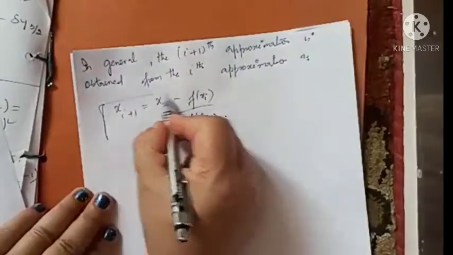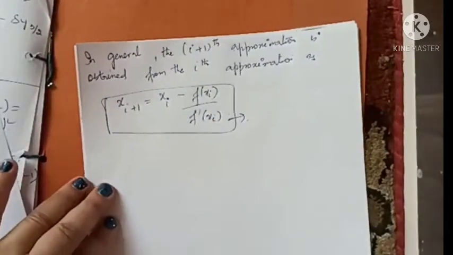So this is the generalized formula for the Newton-Raphson method.